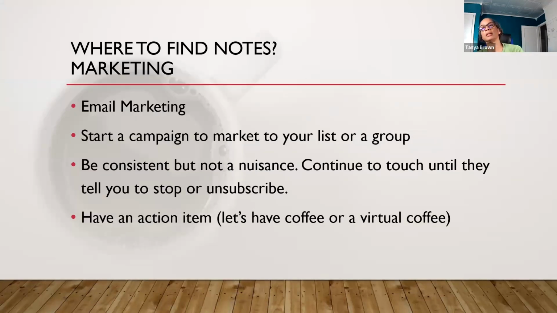Next, email marketing, starting a campaign to market to your list or your group. So I started doing email marketing also. I did a list of probate lawyers, and that was just for asset managers. People will tell you that you can't get notes from the bank, but you actually can.